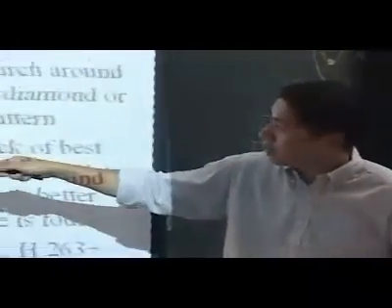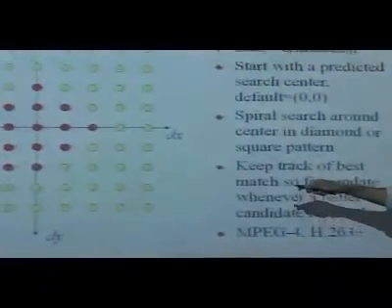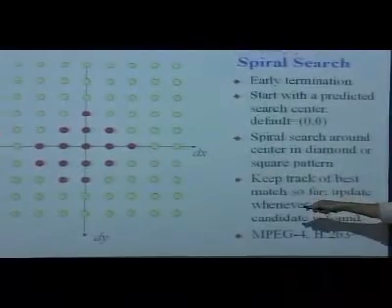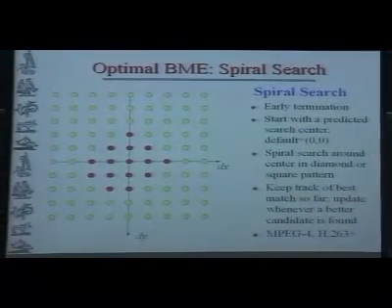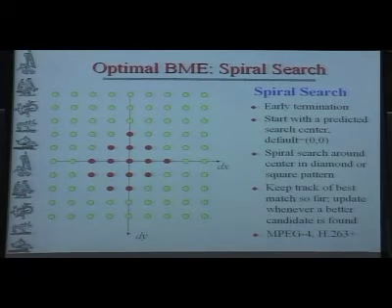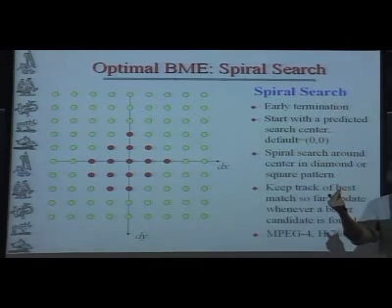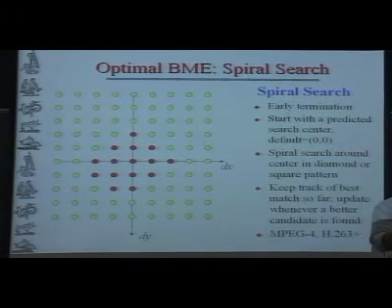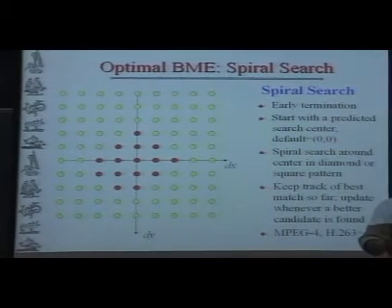And then I keep on spirally searching outward, like this. Whenever I cross that SAD that I found, I terminate. If I happen to find a smaller one, I update my best so far. So I lower the bar. Make it more difficult, right?